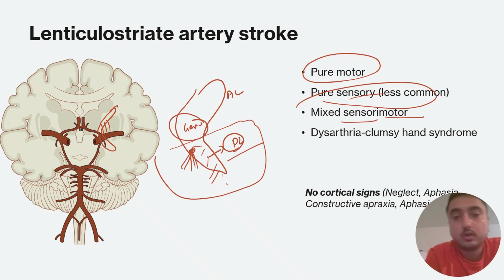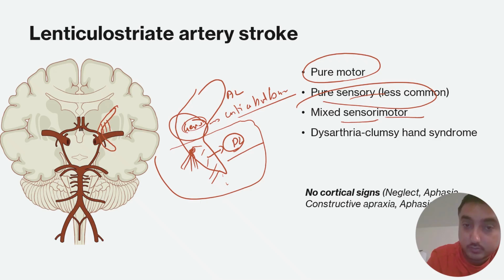And if the genu of the internal capsule is involved, this is where the corticobulbar fibers are crossing, so the upper motor neurons of the facial nerve will be involved, and later the stroke will come to the posterior side and start involving the motor and the sensory fibers.